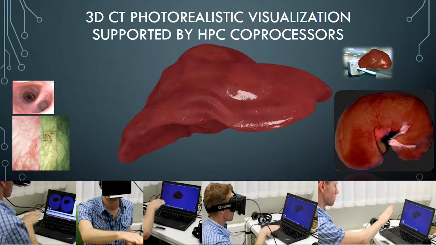For instance, you just plug it into the CT machine, the pictures go directly into this small size supercomputer, and the final results will be shown after approximately 10 minutes, for example.